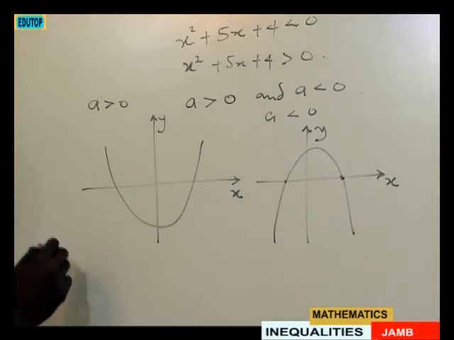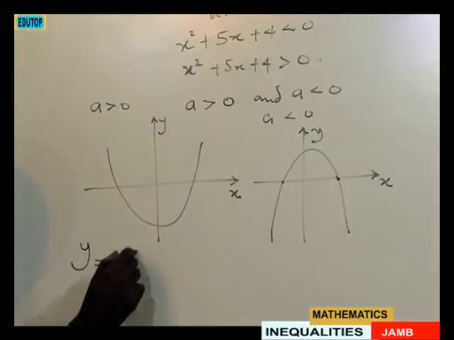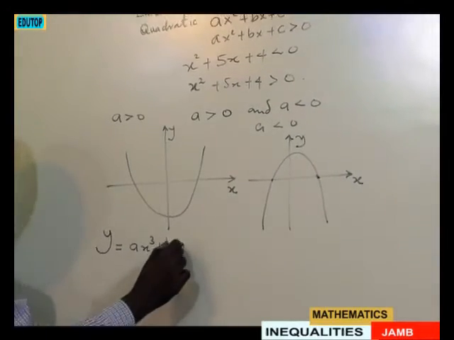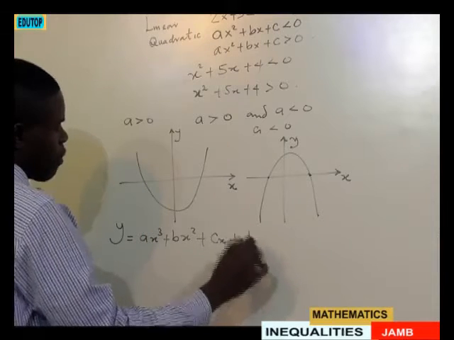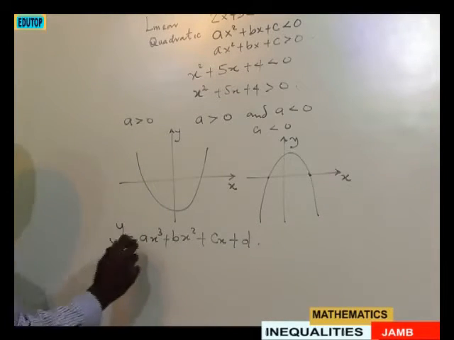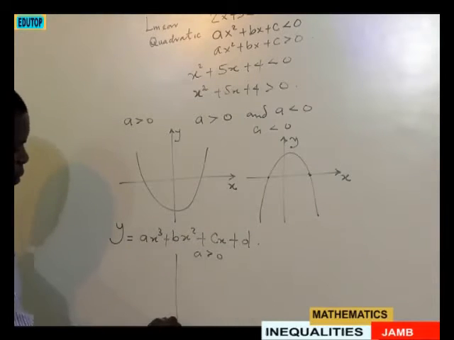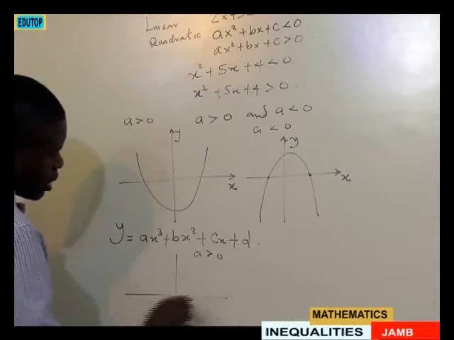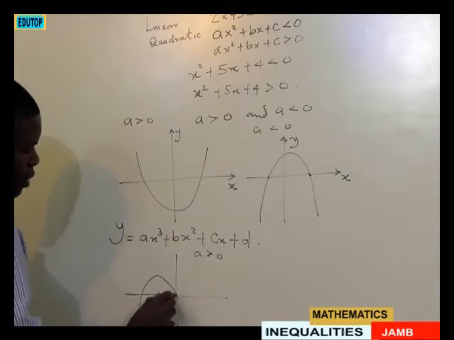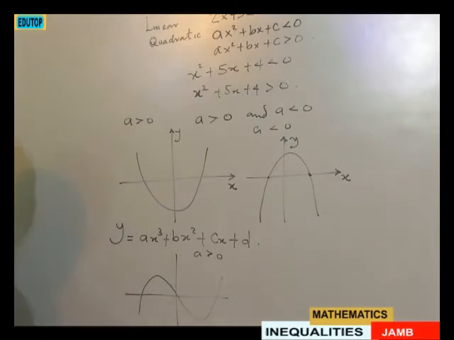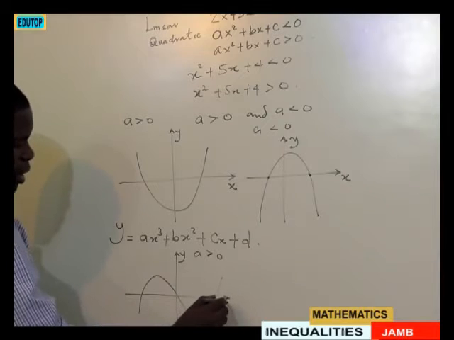In a case where you have a polynomial such as ax cubed plus bx squared plus cx plus d, and our a is greater than 0, we are going to have a scenario like this, where this is our y-axis and this is our x-axis.